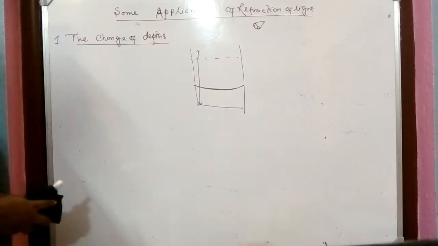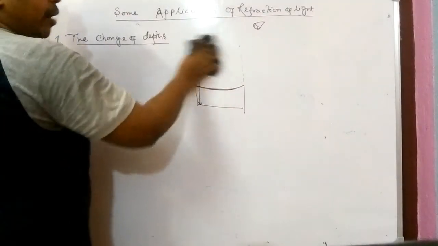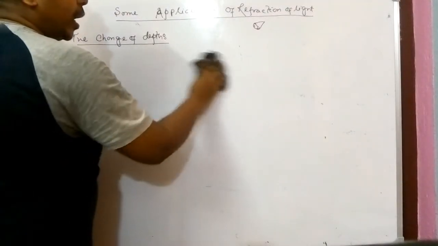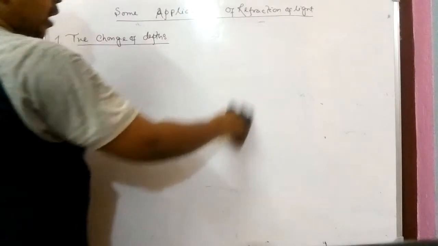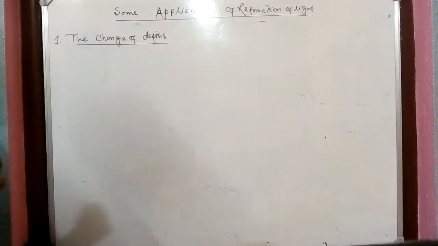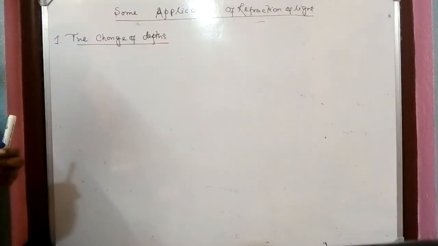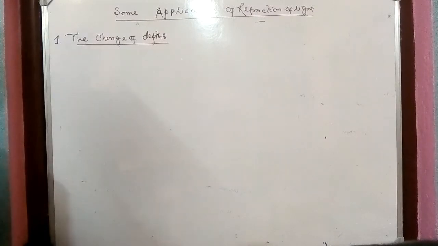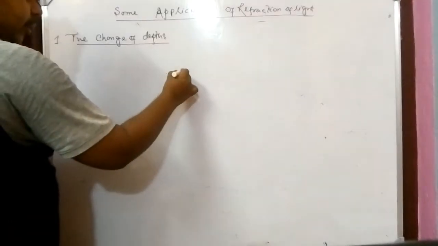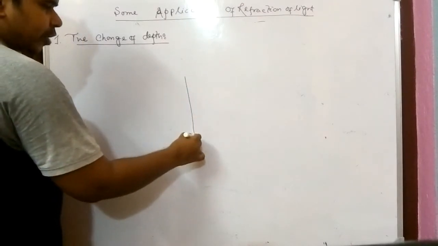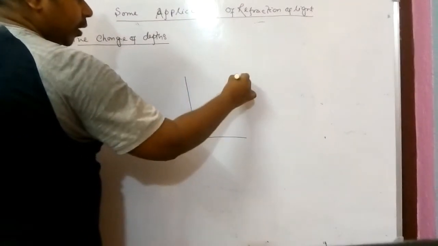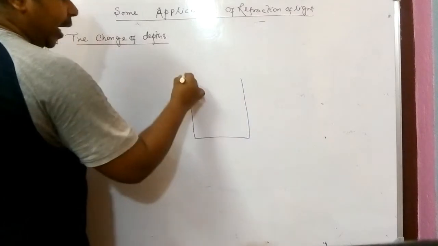Now the question has come, why does it happen and how can we find out how much the depth is decreased whenever we see it from a height. Let's see. For that, we have to show you one experiment, though the experiment is shown in a diagram.